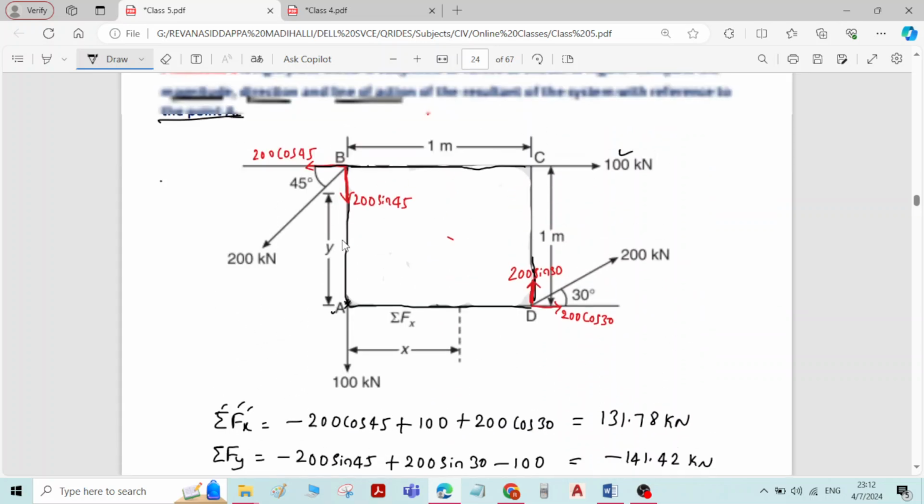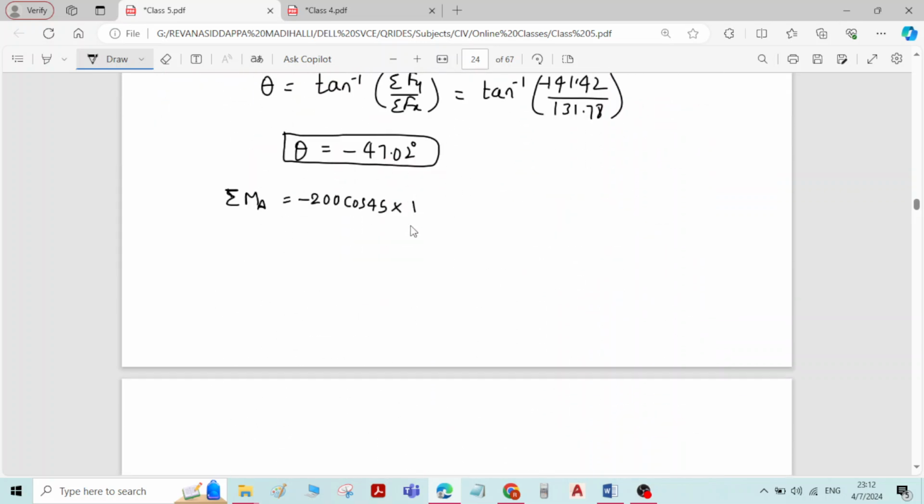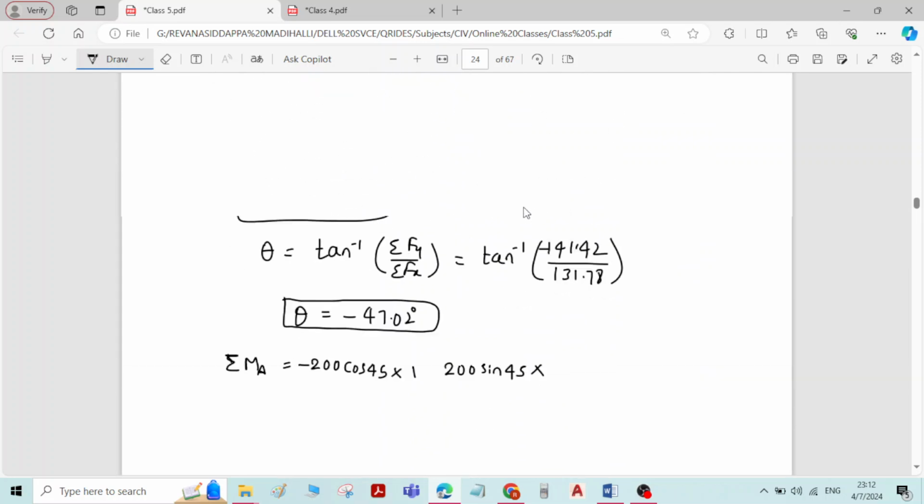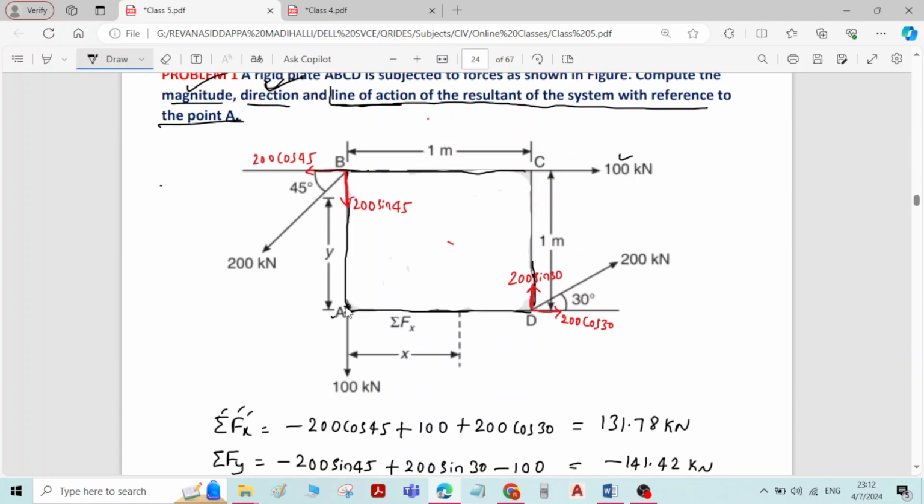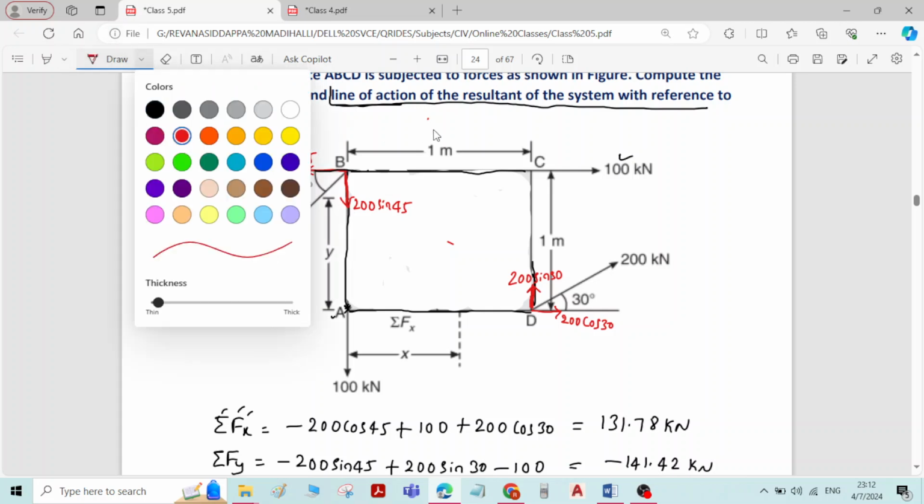Then coming to the moment of the 200 sin 45 force. 200 sin 45 is the force into perpendicular distance. When it comes to the perpendicular distance of the point A from the line of action, there is no perpendicular distance here. The point lies in the line of action of the 200 sin 45 force.